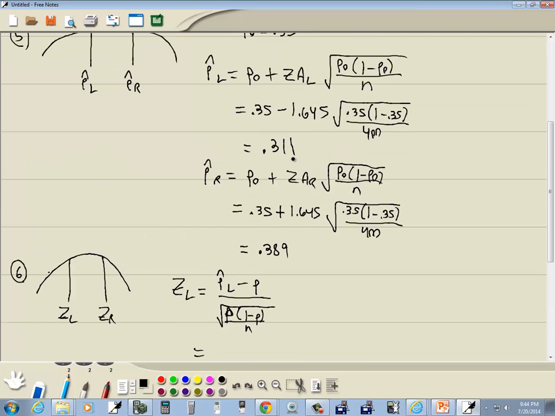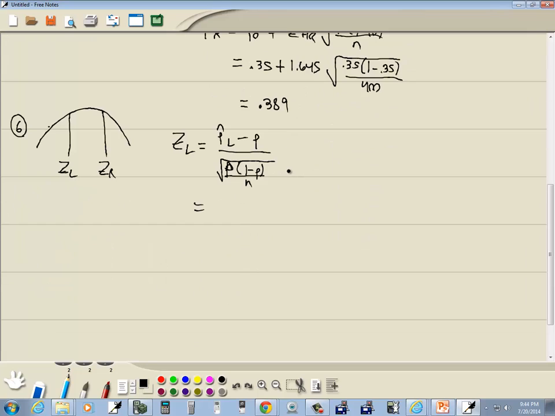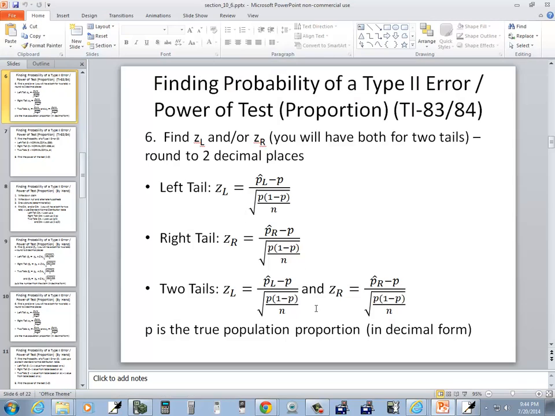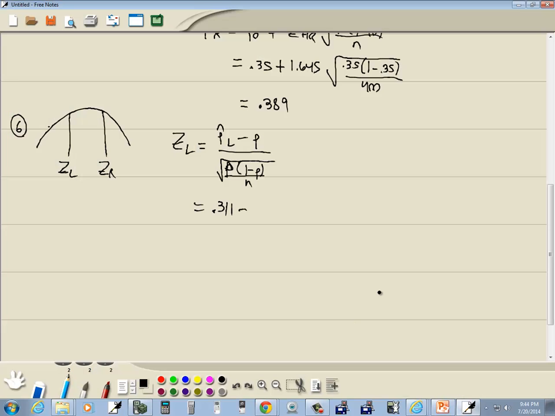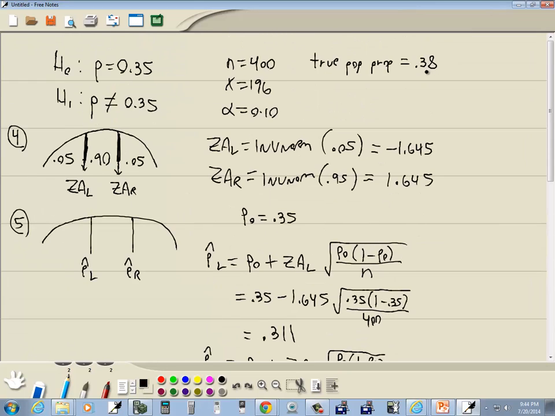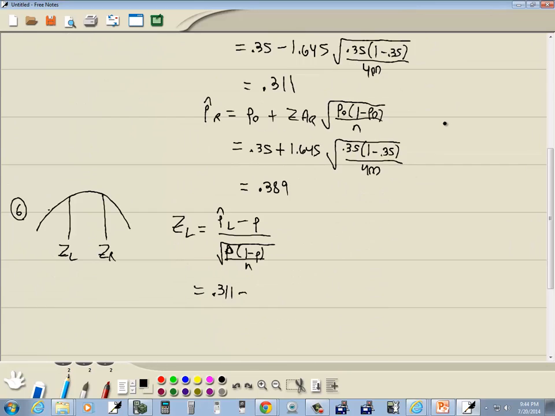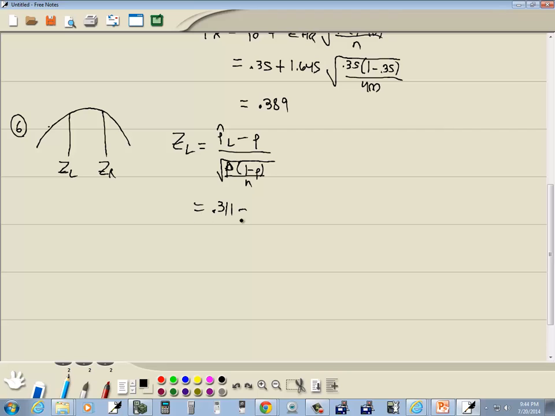It was 0.311. Now it tells us what P is. It says P is the true population proportion. And remember up above, we said the true population proportion was 0.38. So put 0.38 in here.